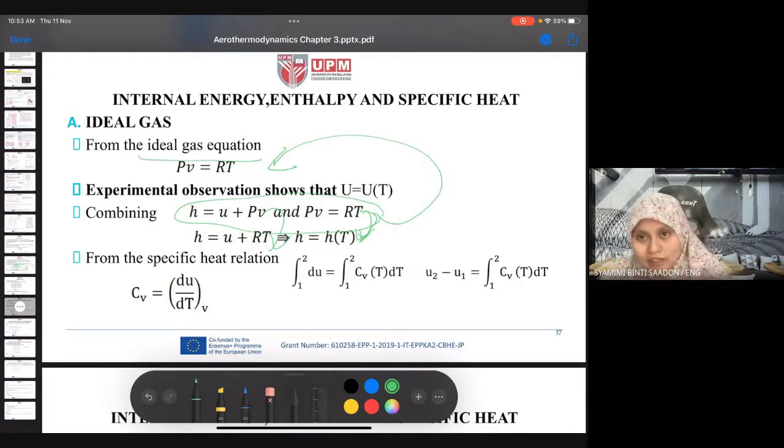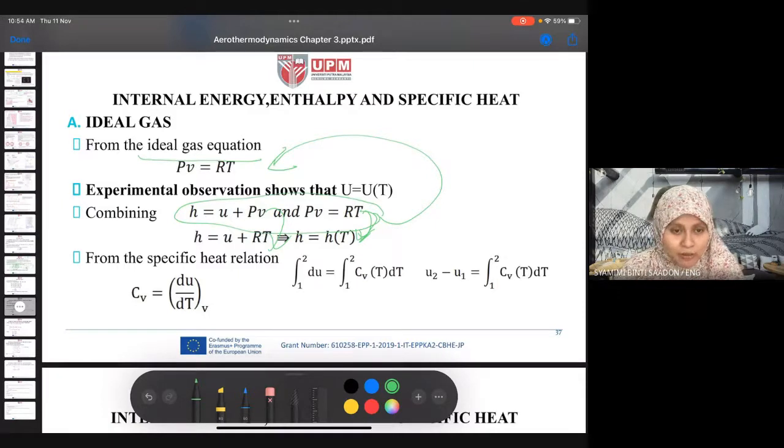So if you read articles or journal papers about thermodynamic processes, or later when you do your final year project, if you choose a project related to thermodynamics or propulsion, you must state first what your hypothesis and assumptions are.